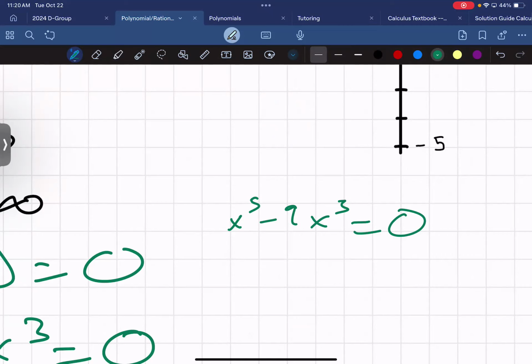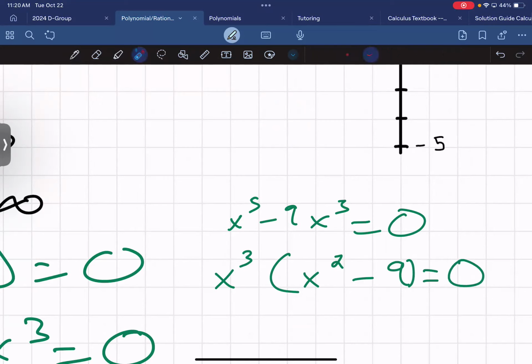They have x's in common, right? Specifically 3 of them. So we need to factor that out as a GCF. Once I factor that out, okay, the GCF is done. We're good there. So we have one of our zeros. Well, we need to factor this out.